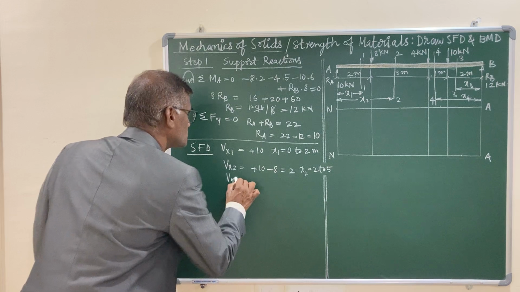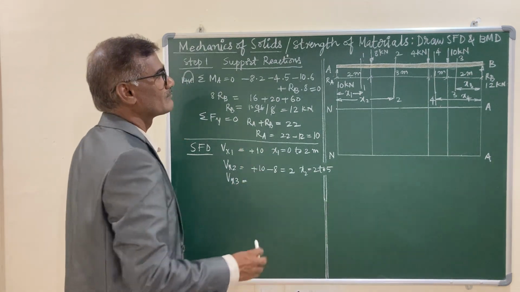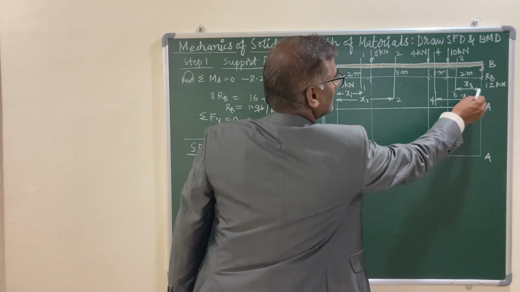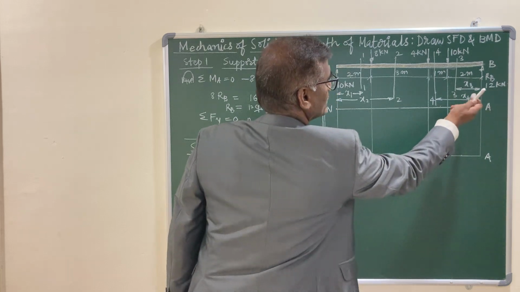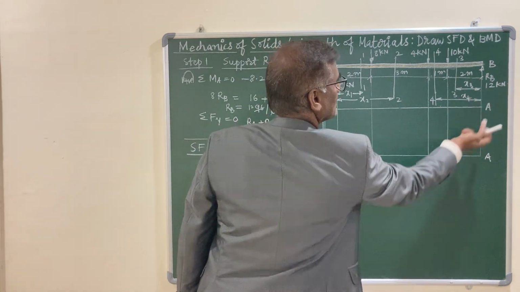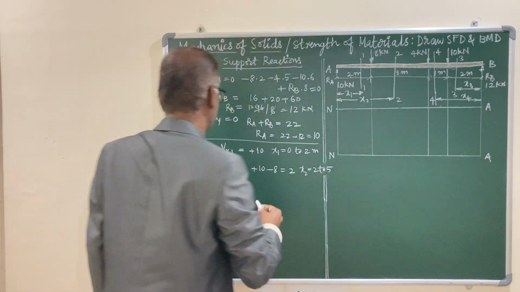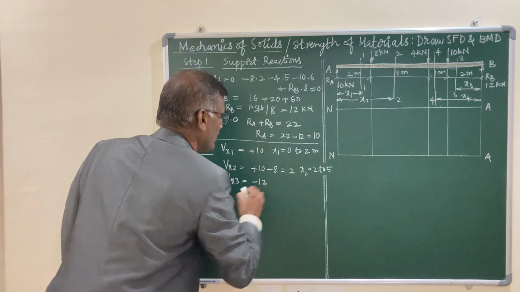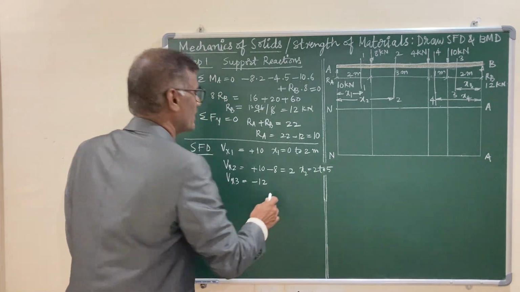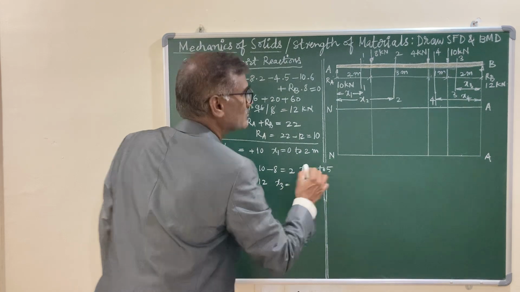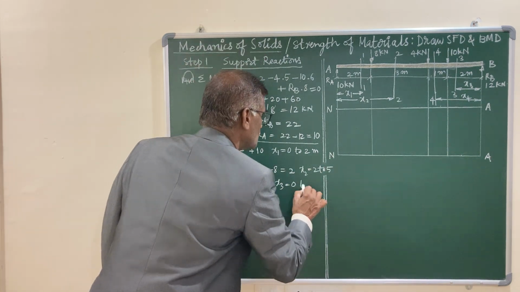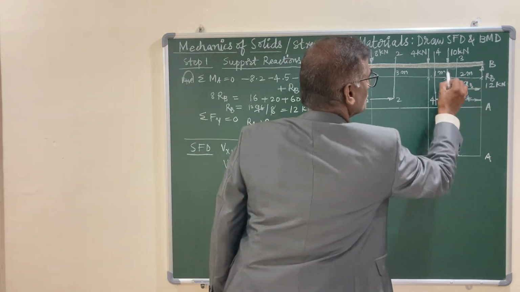And Vx3 equals, let us see, section 3 is from the right, and you have the 12 kilonewton support reaction contributing anti-clockwise turning effect, that is minus 12, and this is valid for x3 equals 0 to 2 meters length.